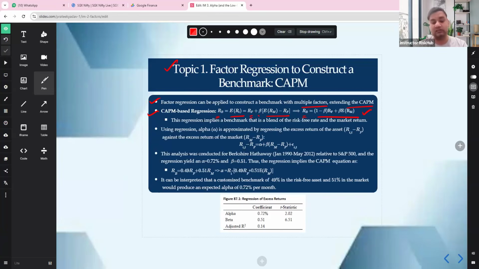Custom benchmark construction. Why is this powerful? Because instead of blindly comparing to the S&P 500, you are building a benchmark matching your actual risk exposure.